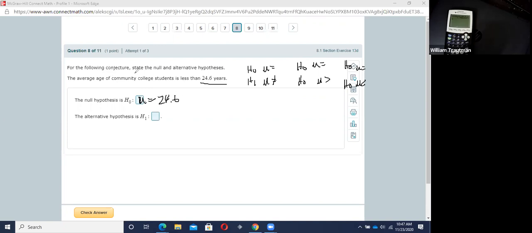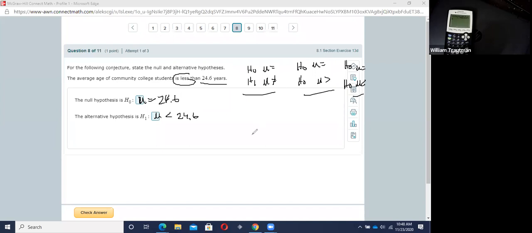State the null and alternative. The average at Daily Community College is less than 24.6. As soon as you see the words less than, that's our alternative, less than 24.6, because the null is always equal to. The scientist is trying to prove that it's less than. So that's all you have to do. It's one of these three that have to be written down.